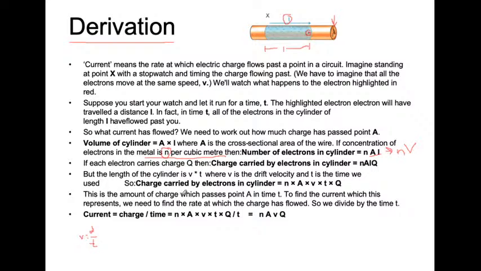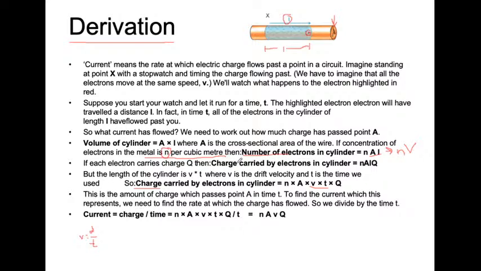So for the charge carried by electrons, we can replace this length with the time and the velocity, and Q here is the charge per electron. So this is just a different way of expressing our length, and now we want to find the actual charge rather than the number of electrons.